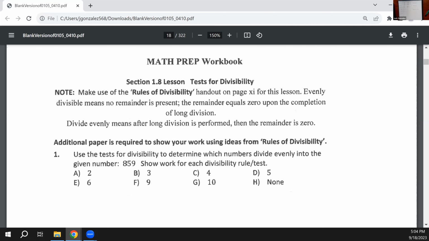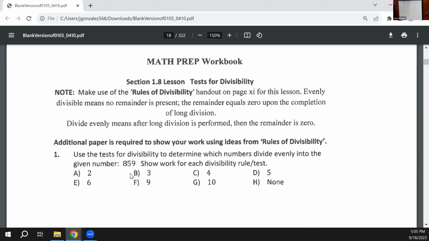Sum up the digits. So 8 plus 5 is 13, right? Plus 9 is 22. So is 22 divisible by 3?